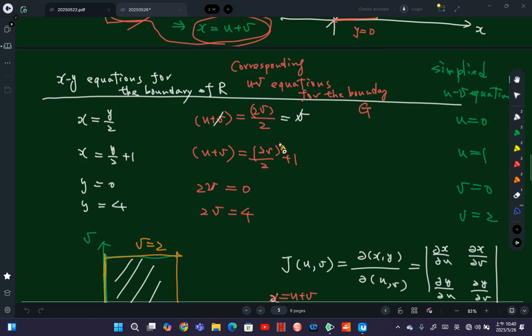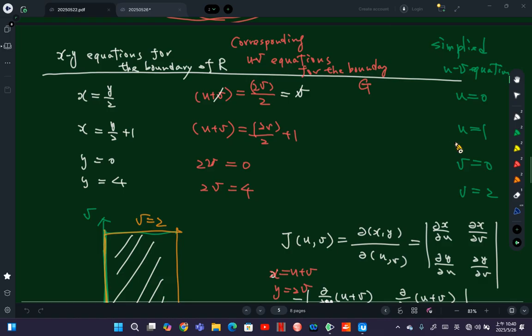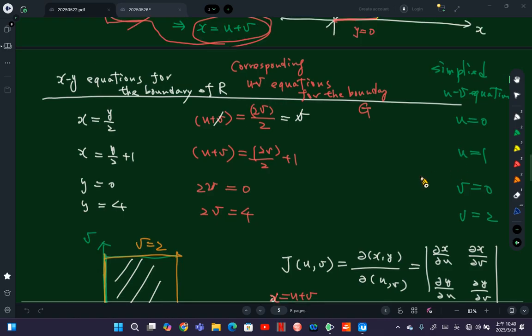Then after you simplify the equation, you can get this one. So originally you have these four equations, but after the transformation, you get the simplified four equations, four boundaries for the new area, for the new integration.